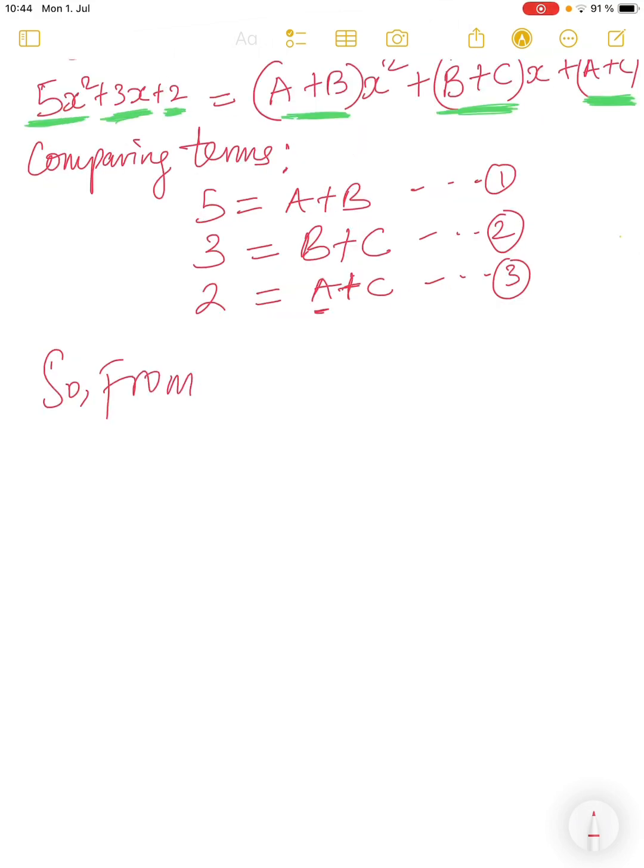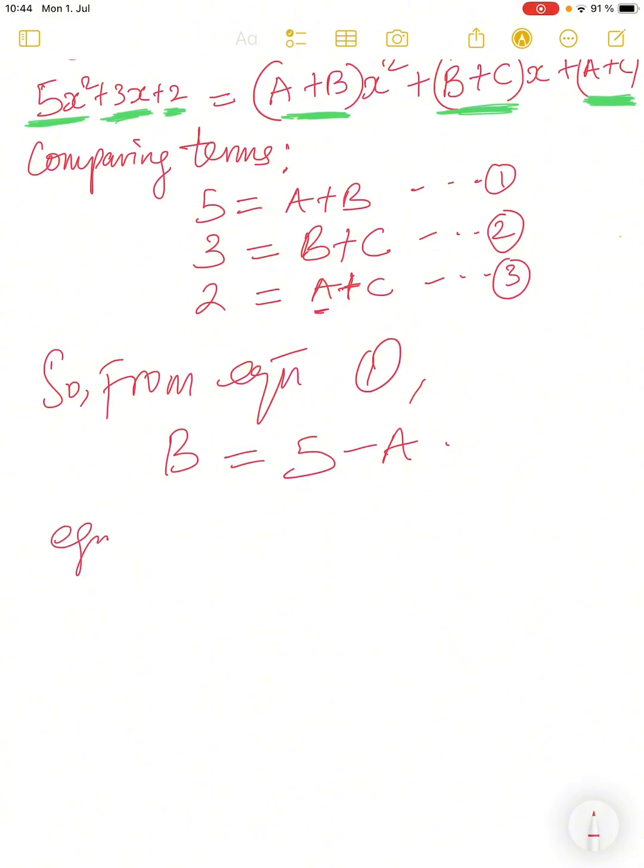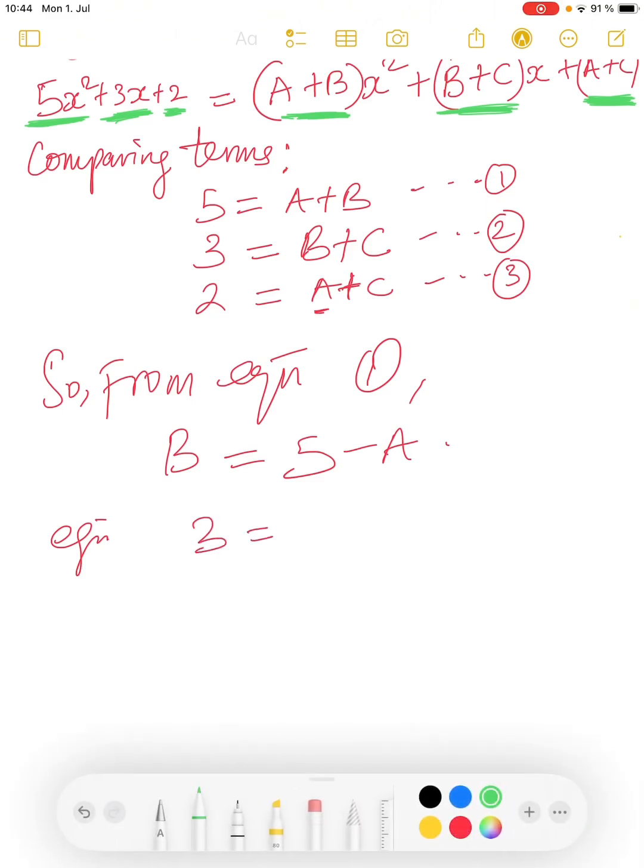So from equation 1, we can say that b equals 5 minus a. So if we go to equation 2, it now becomes 3 equal to, we can now replace this b with this value, 5 minus a plus c.